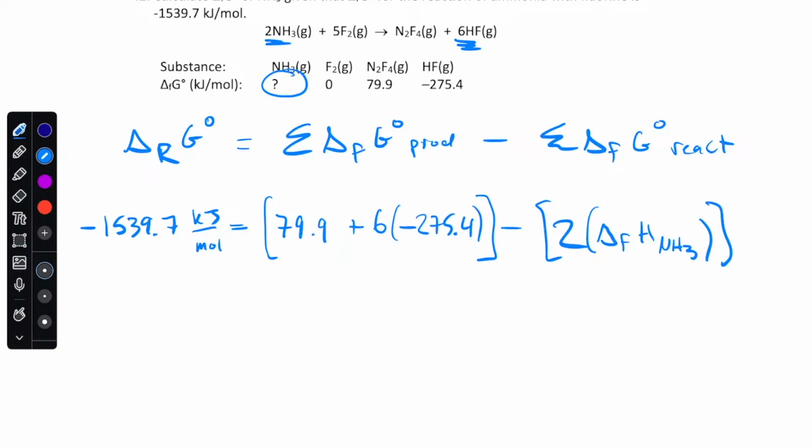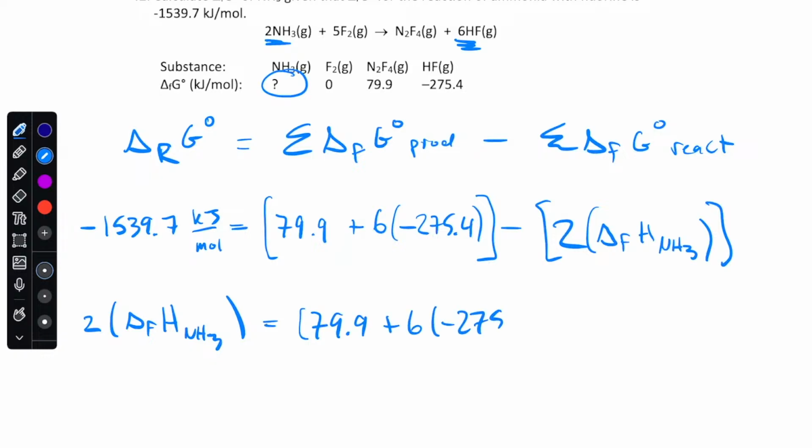We can just say that 2 times delta F H NH3 is equal to 79.9 plus 6 times negative 275.4 plus 1539.7.